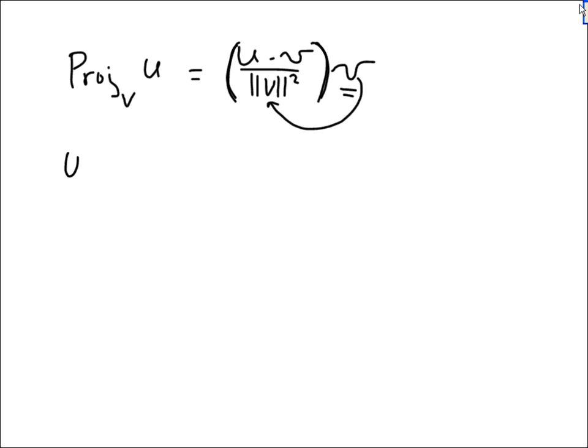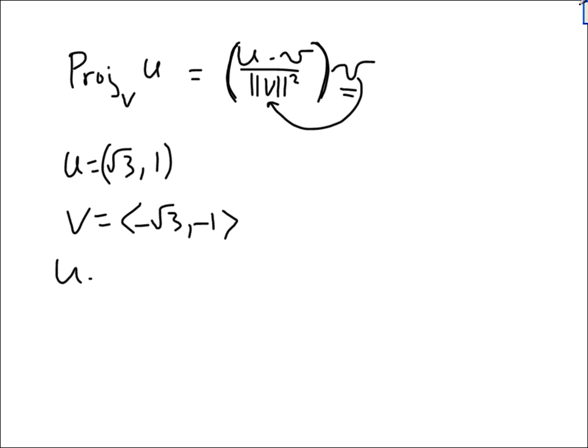So how about U is equal to the square root of 3, 1? You should have those special brackets, I'm sorry. And V is negative the square root of 3, negative 1. So U dot V: when I multiply those two, I get 3. When I multiply those two, I get negative 1. When you add them up, I get 2. So I get 2 on the top, divided by the length of V squared. You square this, you get 3.